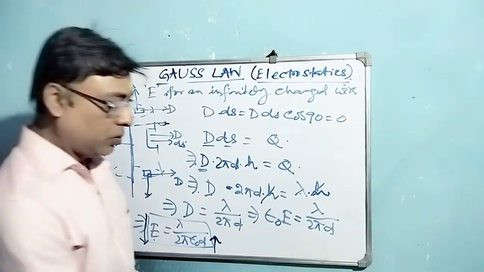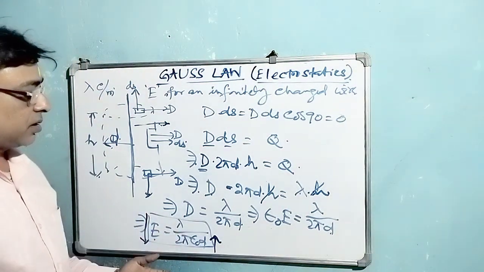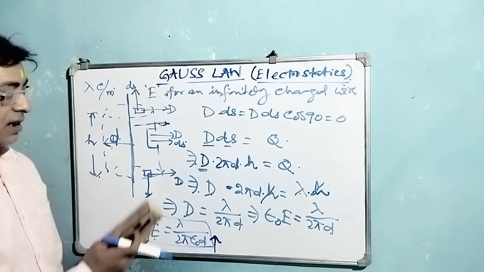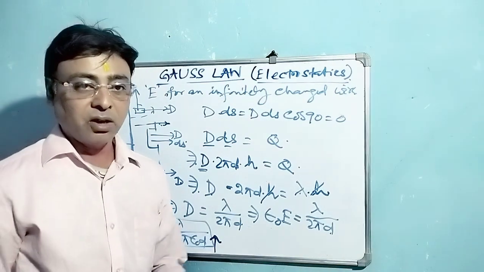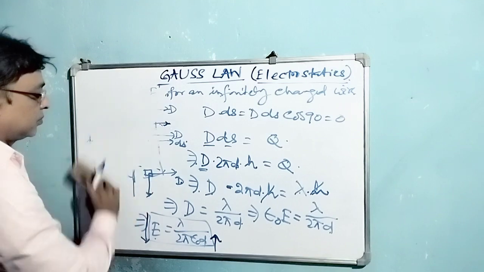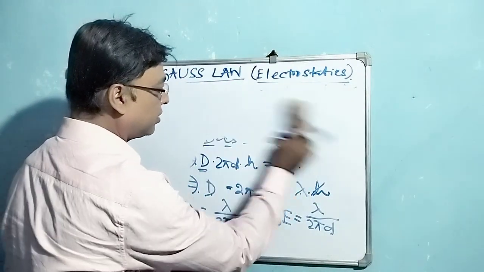Now we have discussed how to determine the electric field intensity for an infinitely charged wire. Next we are going to determine the electric field intensity of an infinite charged sheet. So for that, again we have to construct an imaginary Gaussian surface.